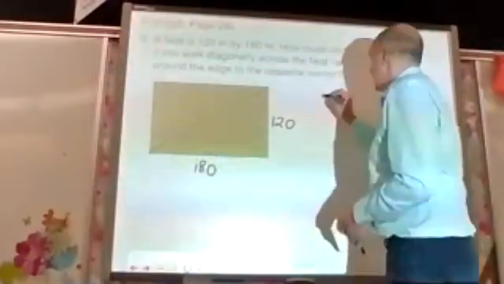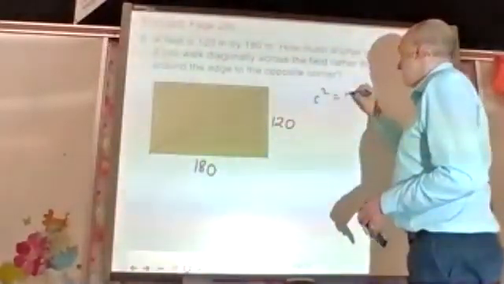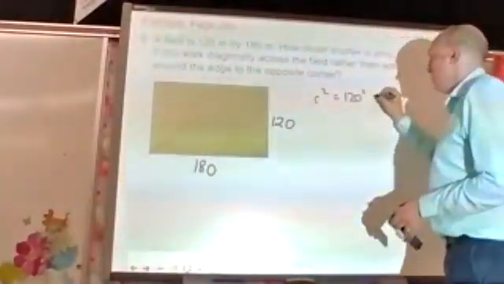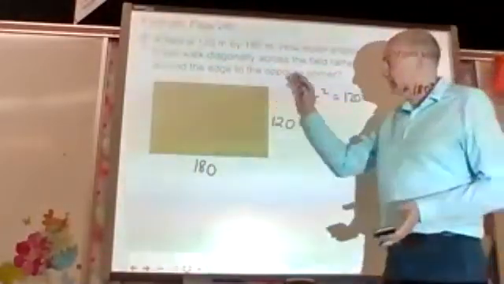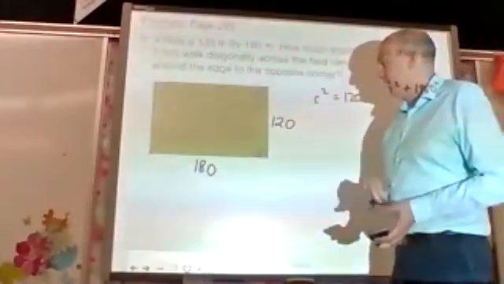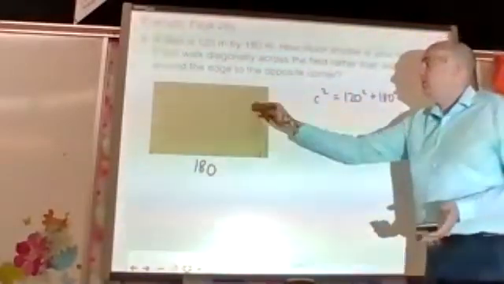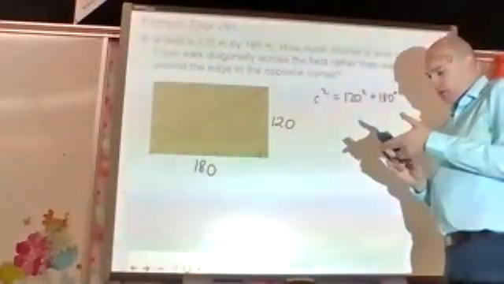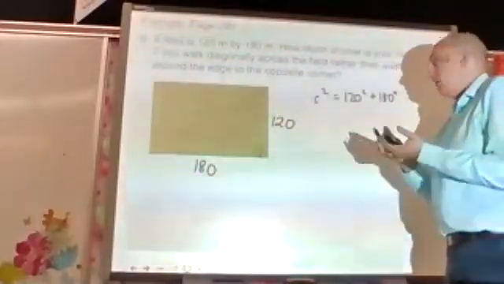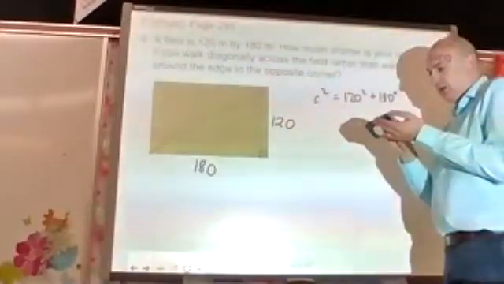The Pythagorean theorem says that c squared equals 120 squared plus 180 squared. Notice that a diagonal makes a right-angled triangle. We've got a right angle formed here, or you can use the top half as well. And so we can do the calculations here.